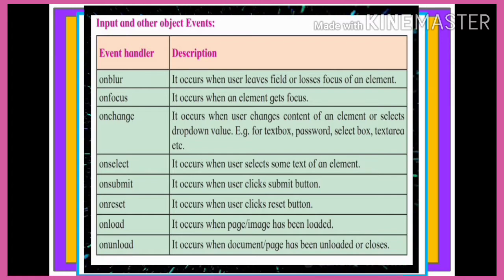It occurs when page or image has been loaded. And last event is onunload. It occurs when document page has been unloaded or closes. So these are the events with the description. These events are most useful with the form objects.